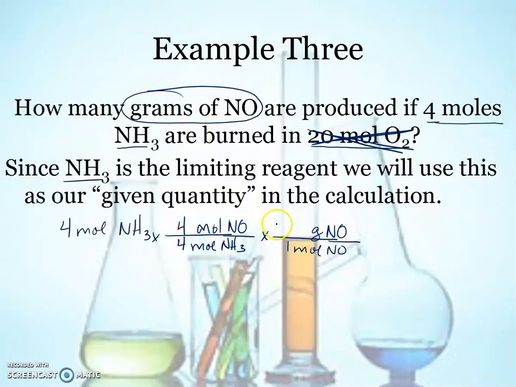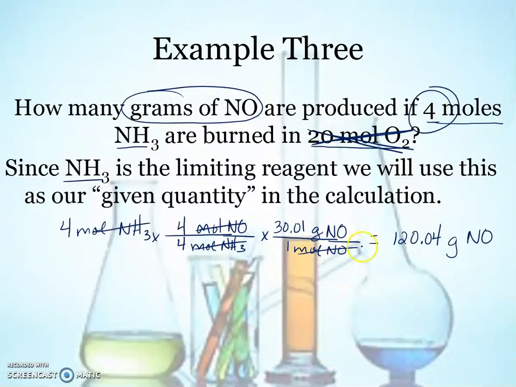And 14.01 plus 16 gives us 30.01. Moles cancel, we're left with grams of NO. All right, so then we do the math. 4 times 4 is 16 divided by 4 is 4, times 30, and so it should be like 120.04, I think, right? One significant figure, we're going to make approximately 100 grams of nitrogen monoxide.